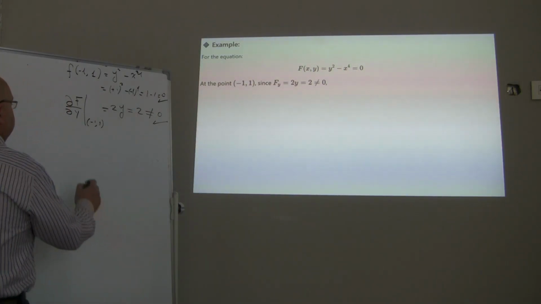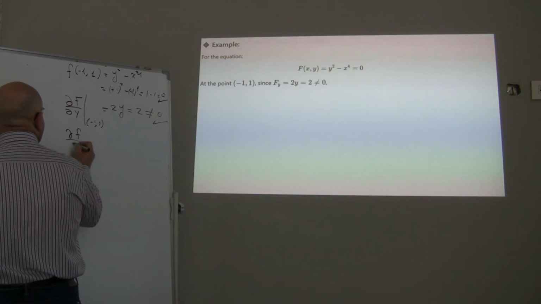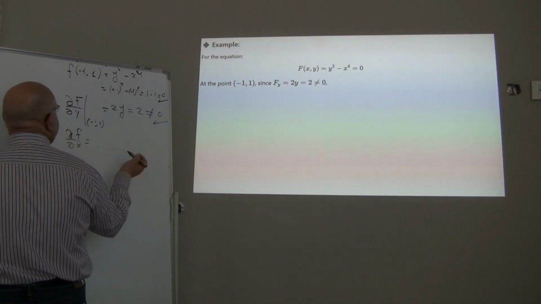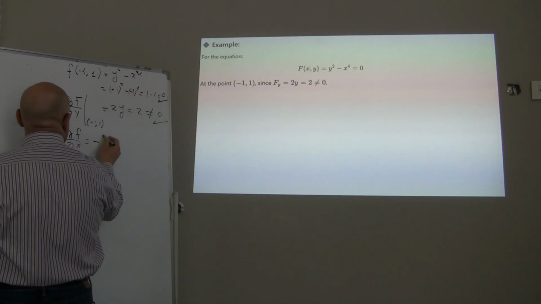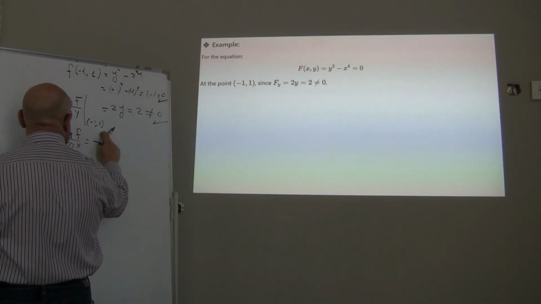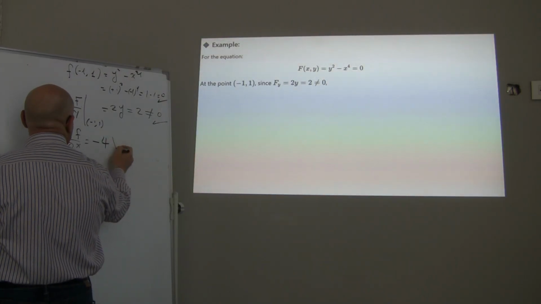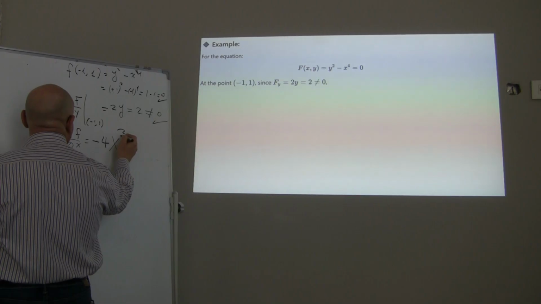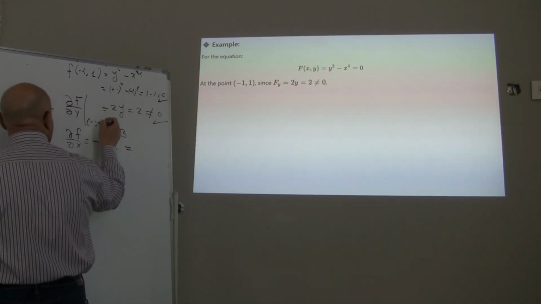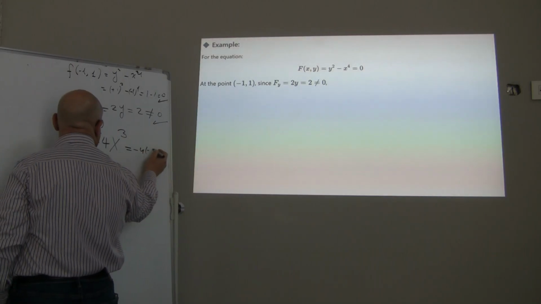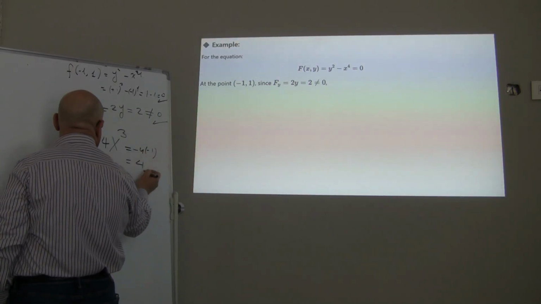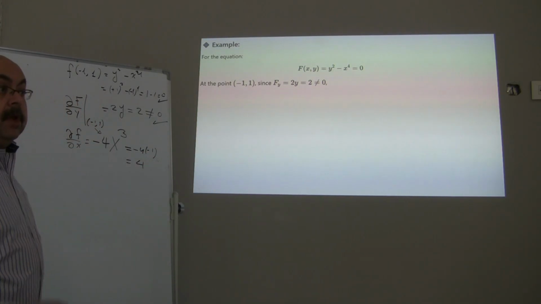Now I can also find partial f partial x, which is simply, differentiating this, negative 4 times x cubed. Once you substitute at this point, you will have negative 4 times negative 1, which comes up to positive 4.